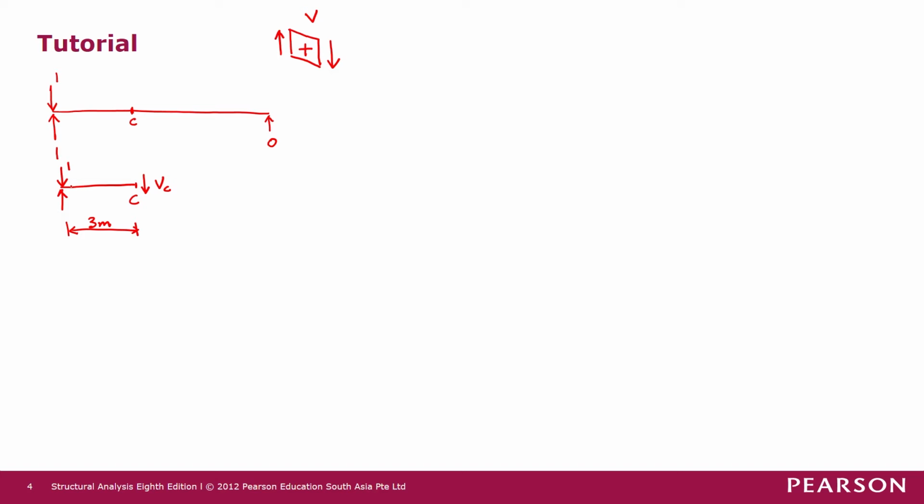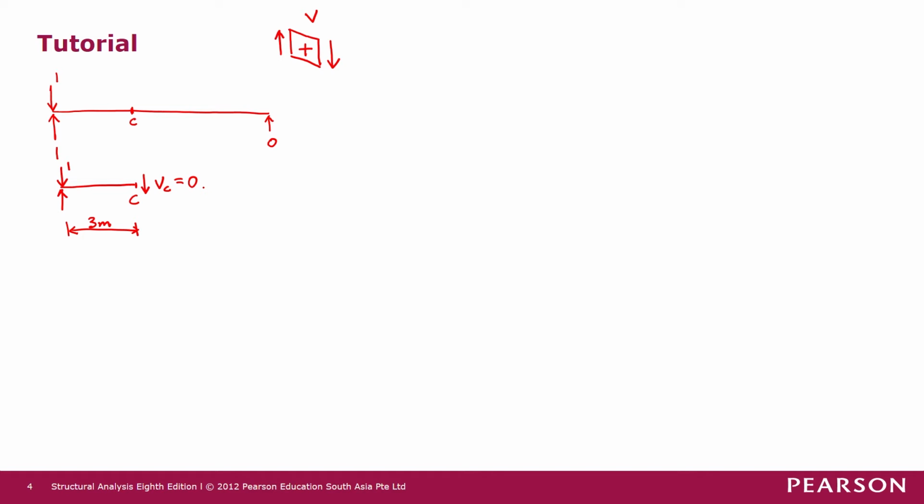So if you calculate VC here, you see that this is 1 unit, 1 unit here. So if we sum all the forces in the vertical direction and take upward force as positive, we have 1 here, and then minus 1 here, and then minus VC equals 0. So in that case, we get VC equals 0.